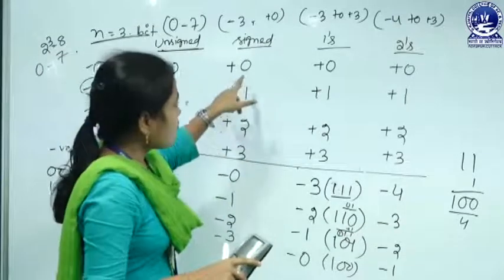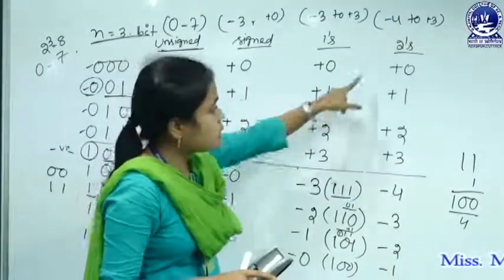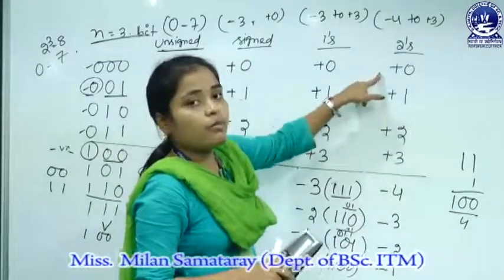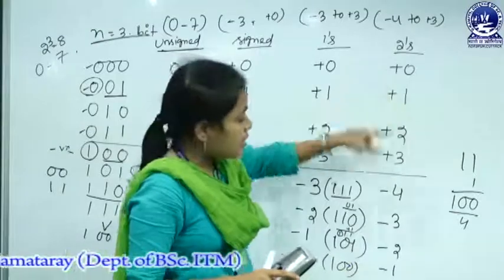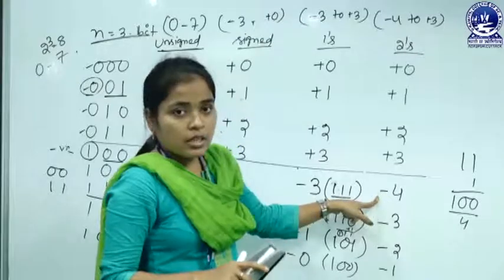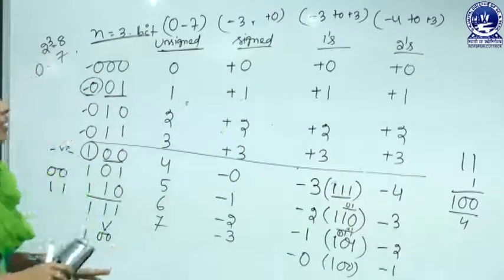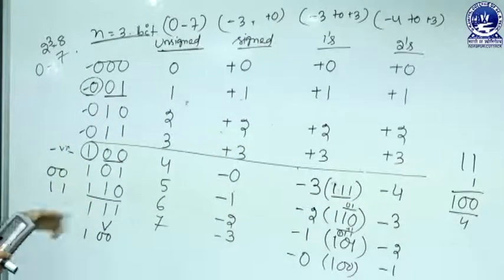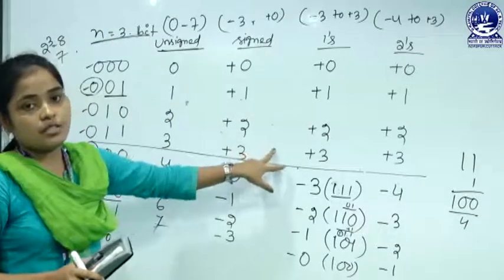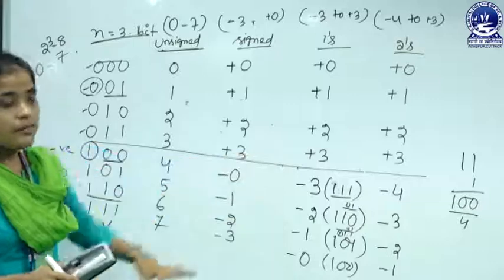So to overcome this we use 2's complement, because in 2's complement there is only one 0 value and the other 0 value is shifted to minus 4. So for this reason many computer systems prefer 2's complement in place of signed and 1's complement representation.